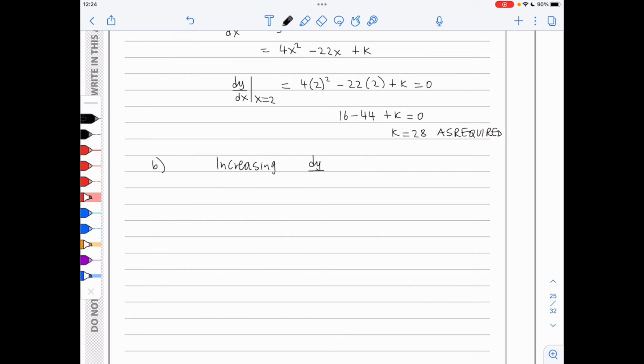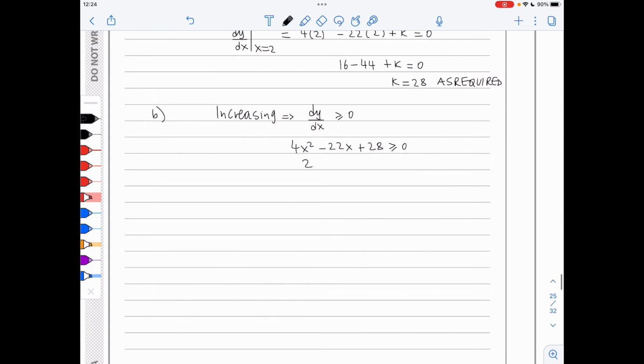And this will lead to a quadratic inequality that we need to solve. So we've got 4x squared minus 22x plus 28, the value of k we just found, greater than or equal to 0. I will divide everything by 2 to get 2x squared minus 11x plus 14 is greater than or equal to 0.